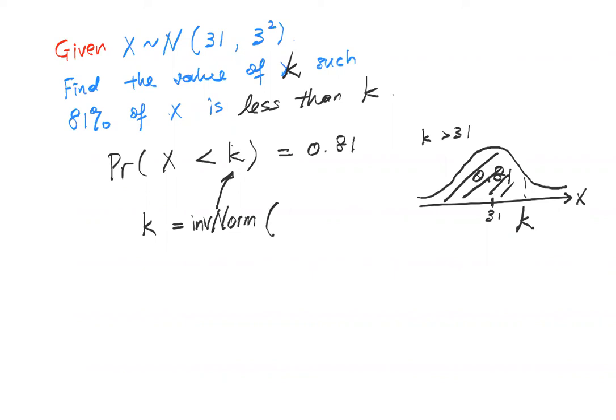Okay, so you go to your inverse norm, you type in the area. The mean is 31, the standard deviation is 3. You have to select left or right. You have to select left. You try and see whether you can get your K or not.